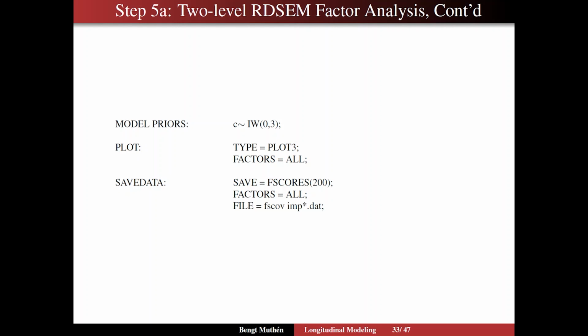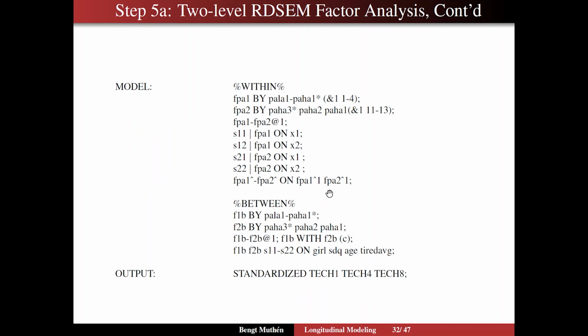Now the regression coefficients on between that you get from slide 32 here, note that they are in the metric of S11 to S22. That is, they are in the metric of the X1, X2 covariates. So they are the beta 1, beta 2 coefficients, random coefficients for each of the two factors.